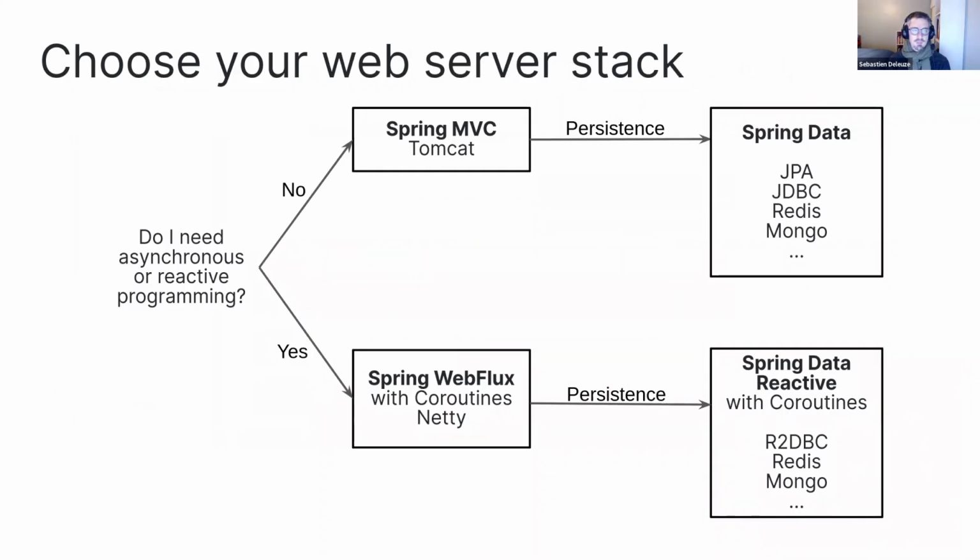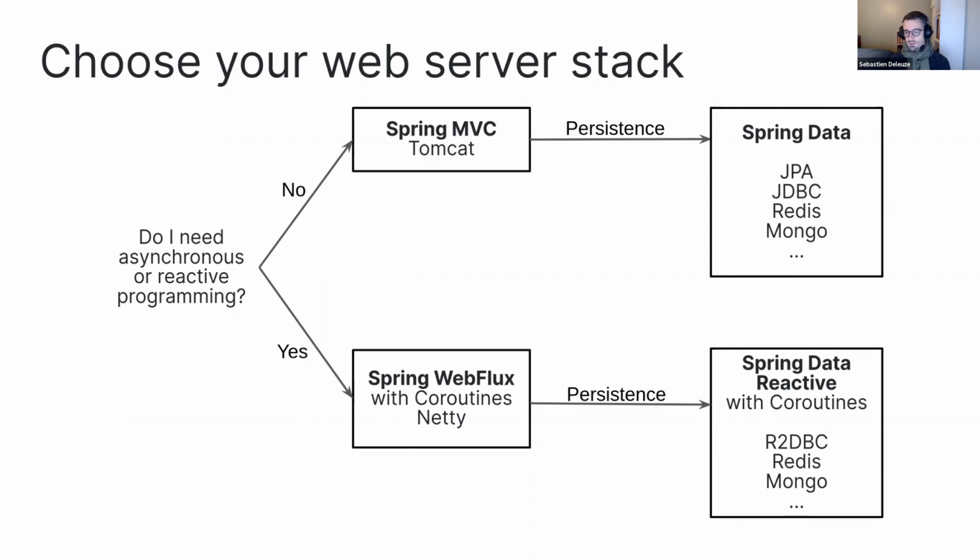Then you have a few choices to make. For example, you have to choose your style. Do you prefer a regular web server stack or a reactive one? And that's not always an easy question to answer. I think the main question to ask yourself is: do I need asynchronous or reactive programming? If the answer is yes, go and use Spring WebFlux, likely with the Coroutines support that we are going to detail a little bit after.